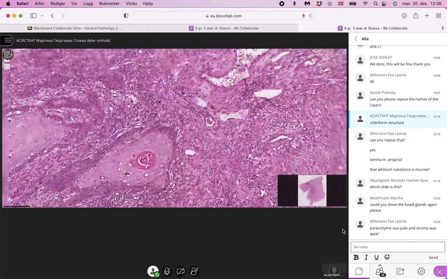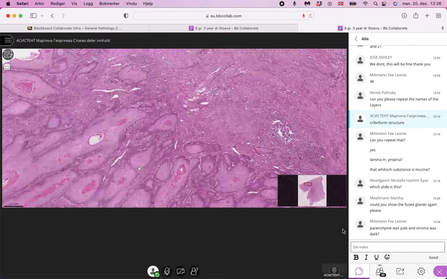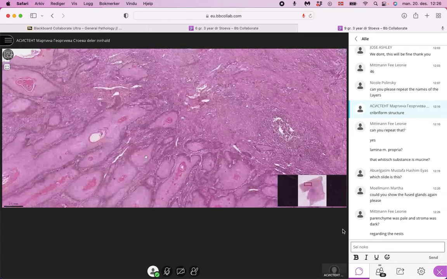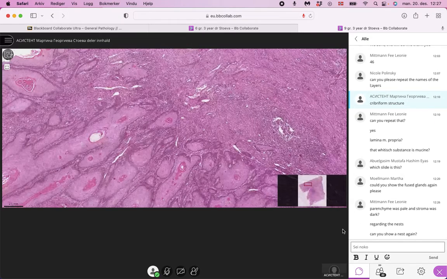At low magnification, I think that the nests are darker and the stroma is the thing that... I think you mix up the terms. The nests themselves are the parenchyma of the tumor.